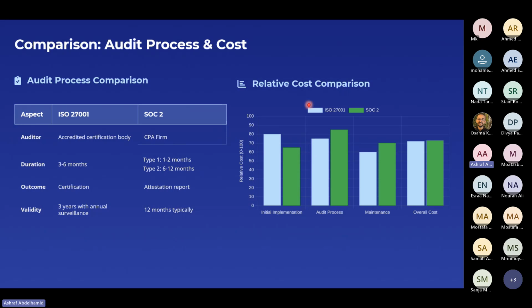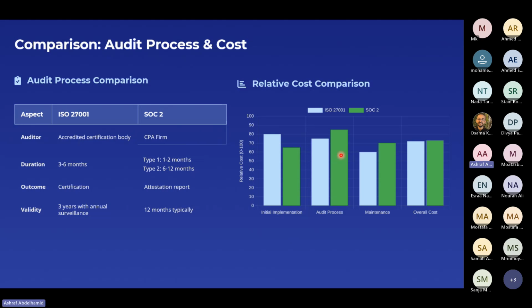If we look at the cost of implementation, maintenance, and so on, in the beginning ISO 27701 costs more to implement than SOC 2. But the SOC 2 audit process is more expensive than the ISO one. Why?